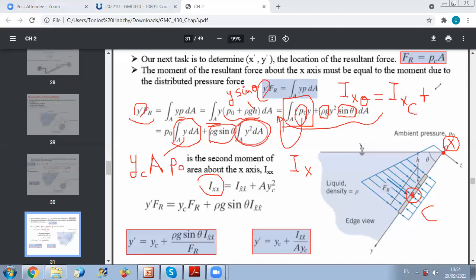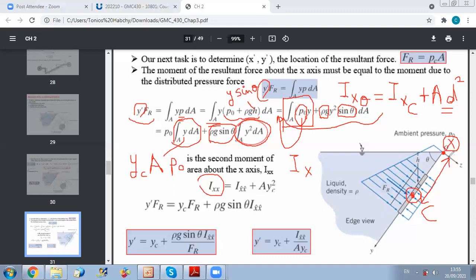plus the area of the surface times the perpendicular distance between the two axes I am considering. I will call it d squared. So d represents the distance between the two axes.